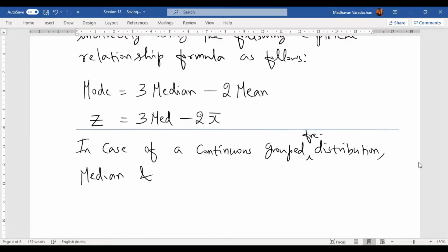I'm sorry, I should have written continuous grouped frequency distribution, median and mode are calculated as follows.